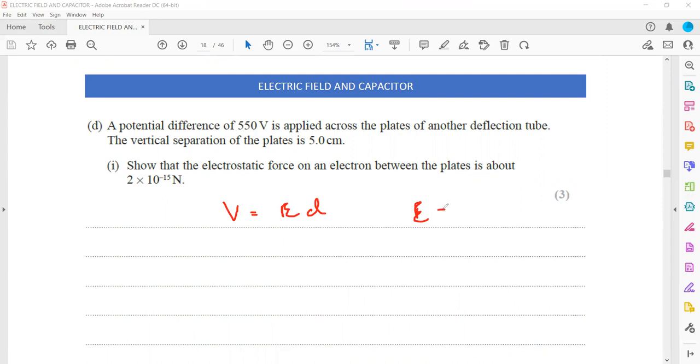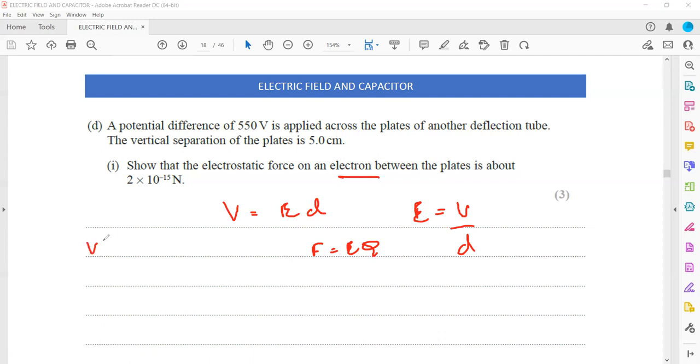So electric field strength will be equal to voltage divided by distance between the plates, where V is the voltage between the plates and d is the spacing. And after that, because we need the force, E is equal to F over Q, so F is equal to E into Q. For the charge, because we are accelerating an electron, the charge of one electron is 1.6 exponent minus 19.